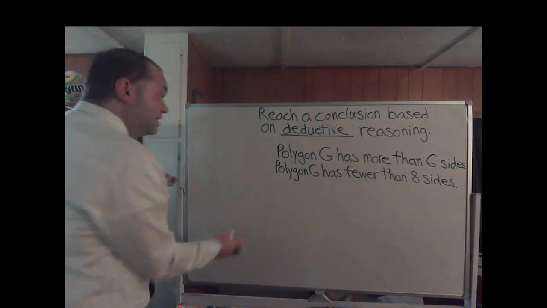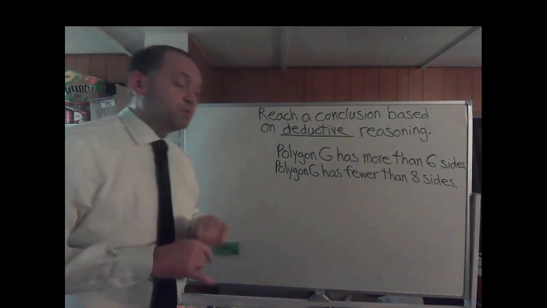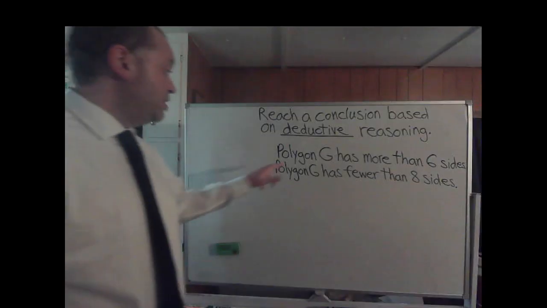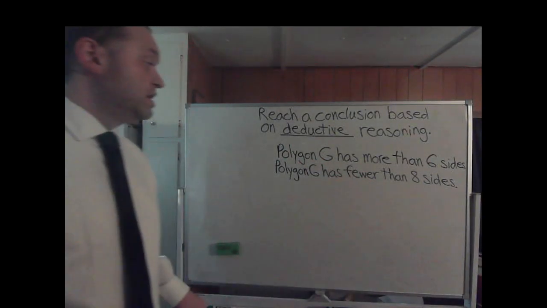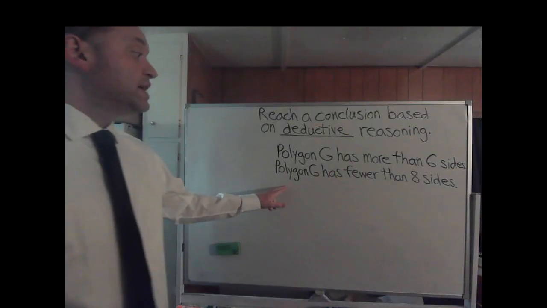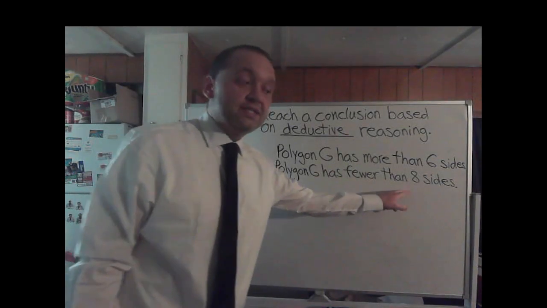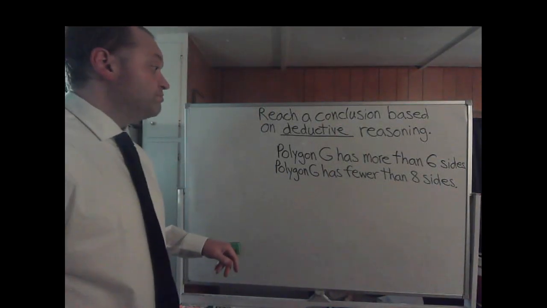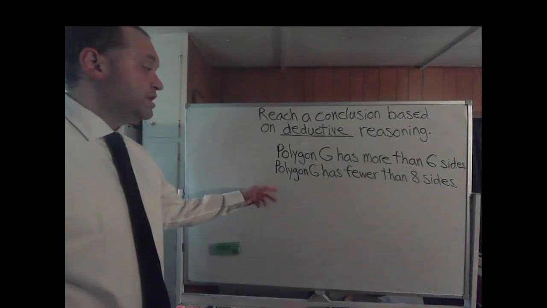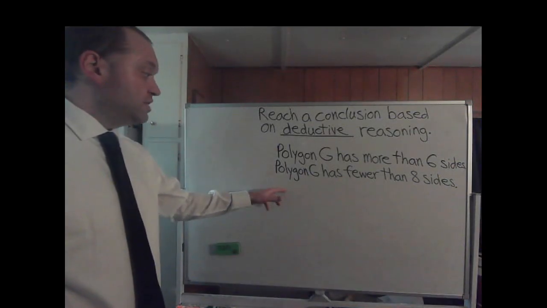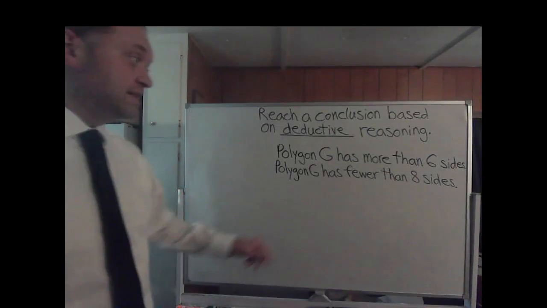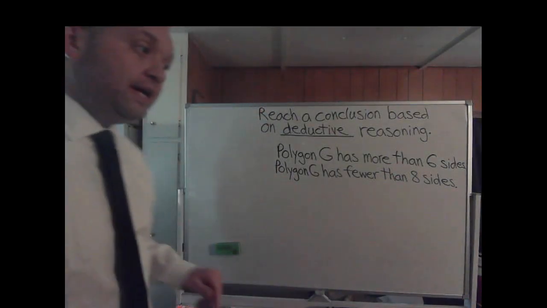Okay, so based on these two statements with deductive reasoning, polygon G has more than 6 sides. And then it tells us that polygon G has fewer than 8 sides. Well, the only conclusion we could reach here is that polygon G would have to have 7 sides, because that's more than 6 but fewer than 8.